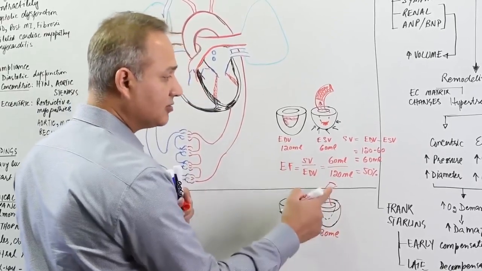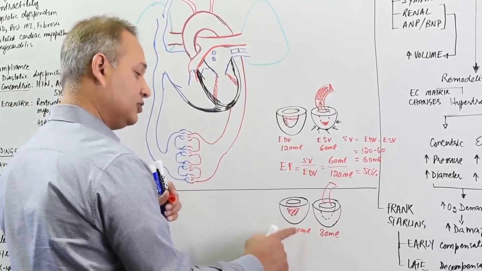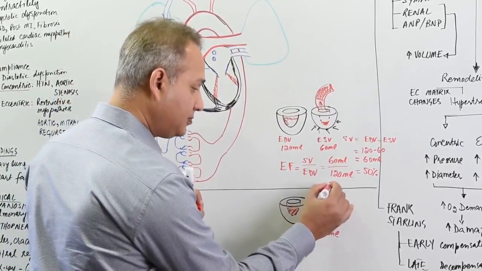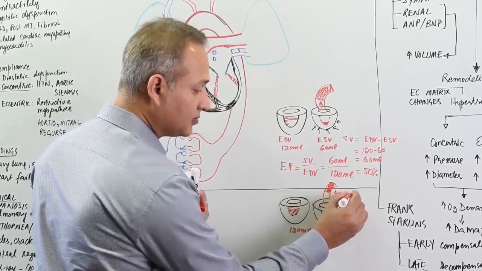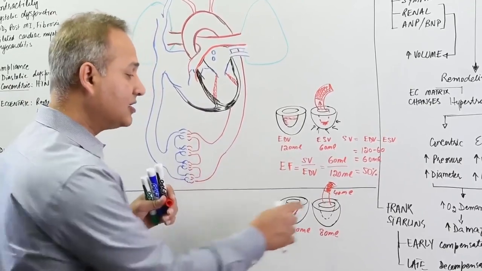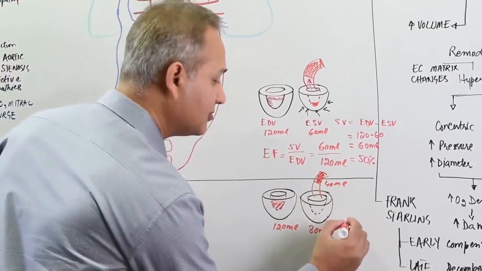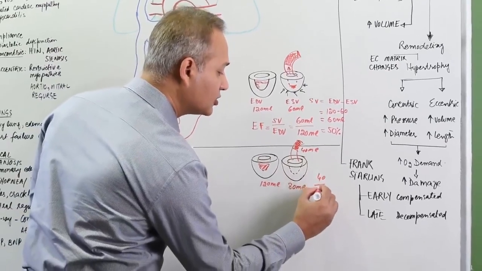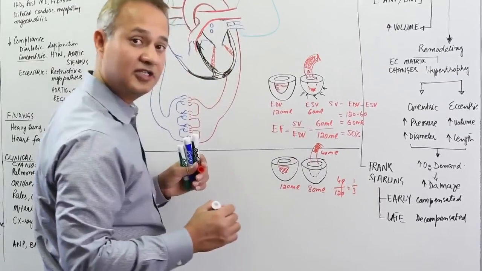So what is the stroke volume then? You subtract 80 from 120, 40 milliliters is ejected. Now the 40 milliliter ejection out of 120, so you get the ejection fraction by dividing 40 and 120. So that is 1/3, 33%.